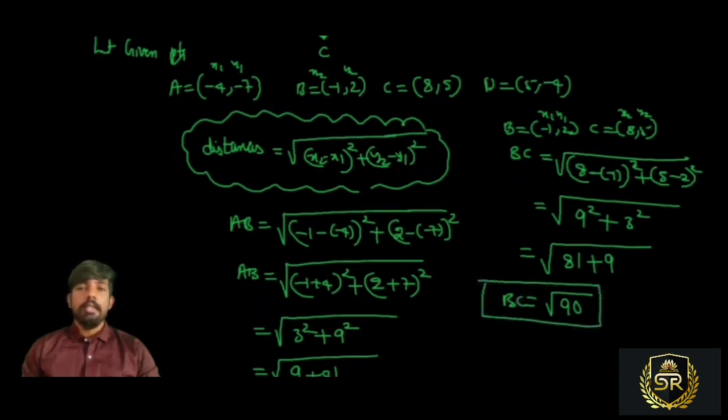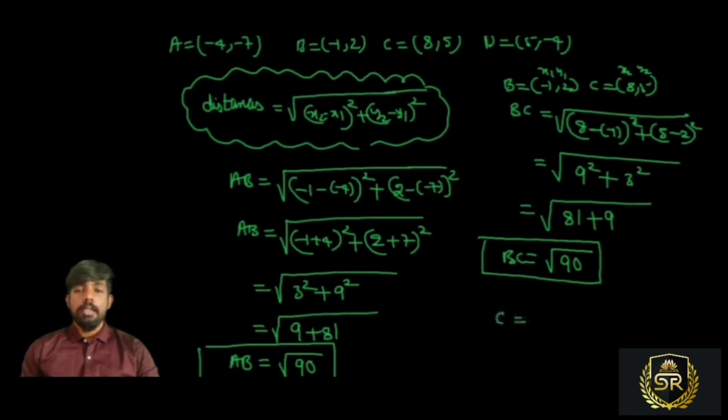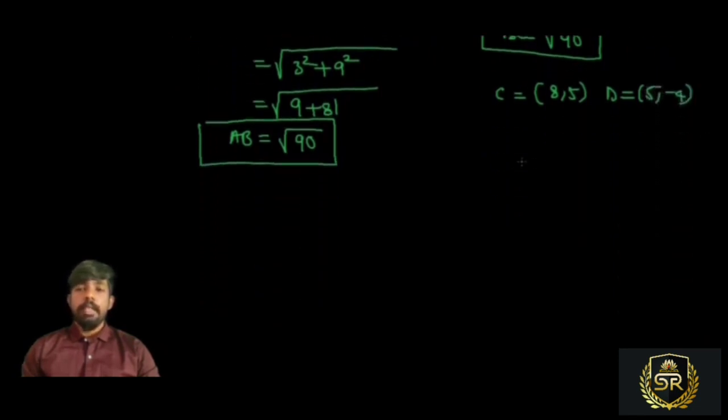Next, CD distance. C point is 8 comma 5. D point is 5 comma minus 4. So find that CD distance.